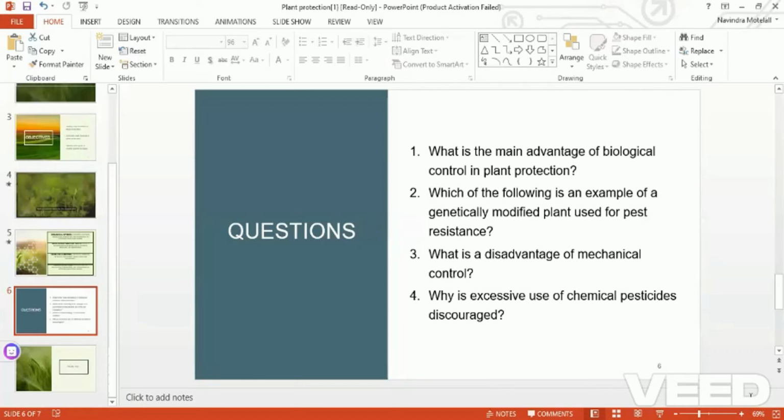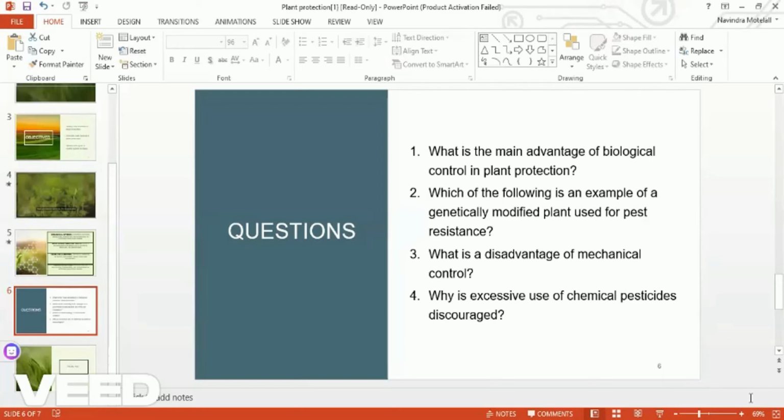For example, if paddy bugs harm the plants, we can use a bird that eats paddy bugs. So I say this is very safe in terms of not using chemicals. That was an excellent answer.